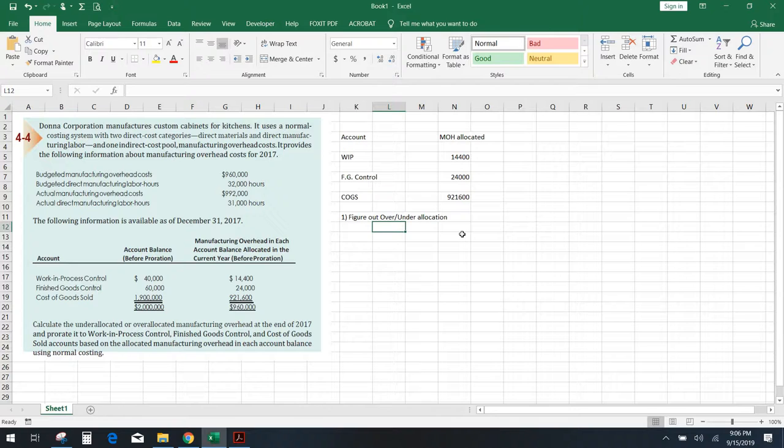The allocation rate is equal to the total estimated overhead divided by the total base.